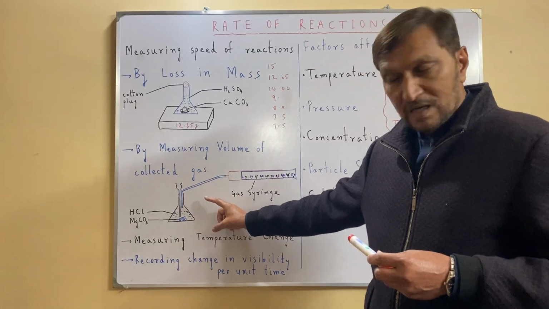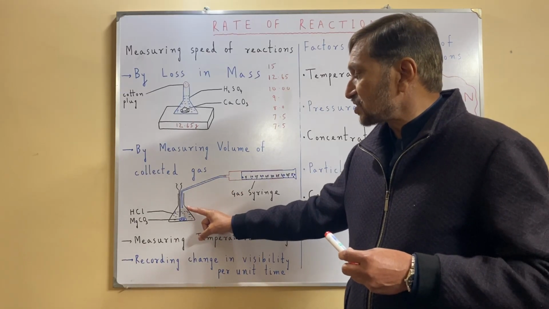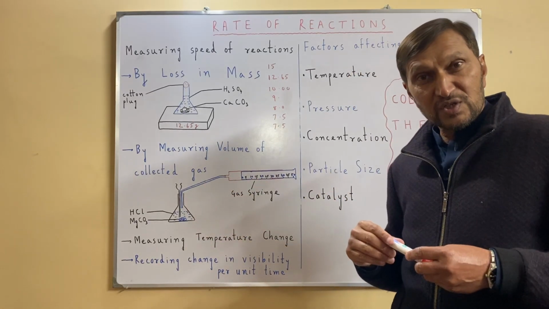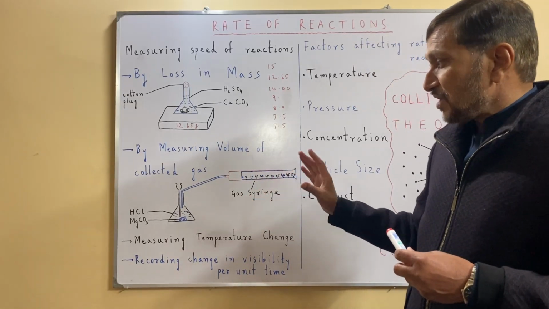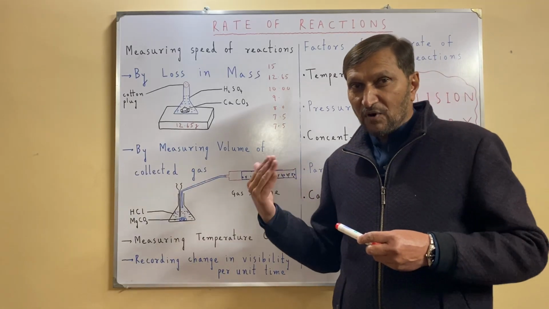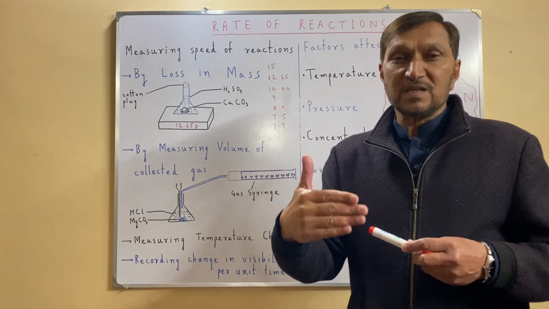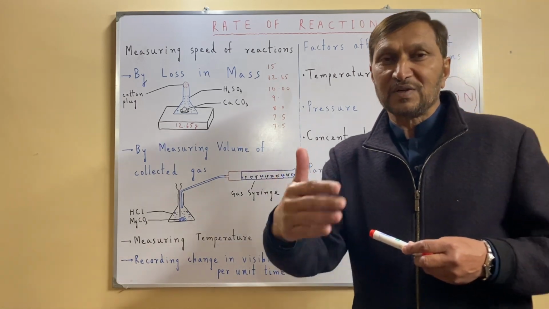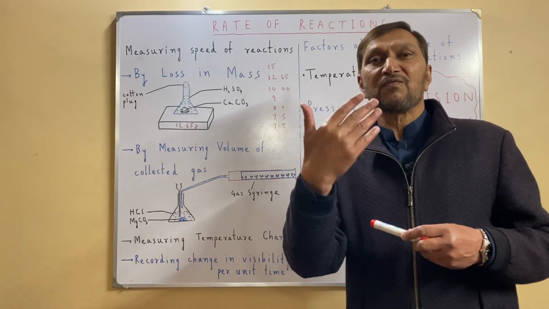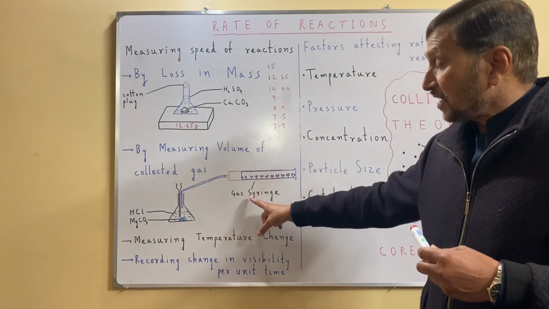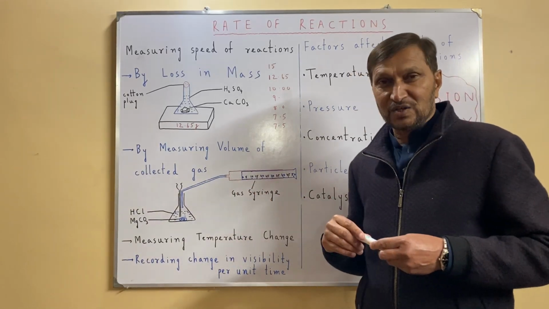The second method is that we can collect the gas which is produced as a result of this chemical reaction in a gas syringe, and in the gas syringe we will measure and record the volume of the gas collected with the help of a stopwatch at equal intervals of time. For example, after every 15 seconds, or every 10 seconds, or every 1 minute, the reading will be taken, and in this way we can judge and estimate the speed of reaction.